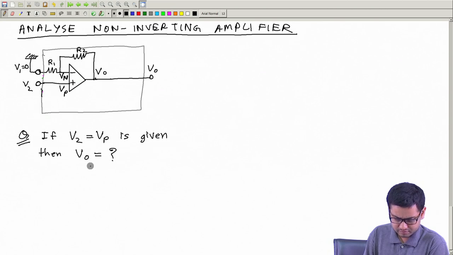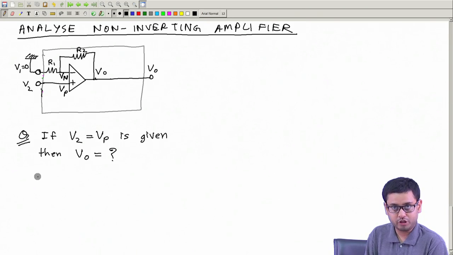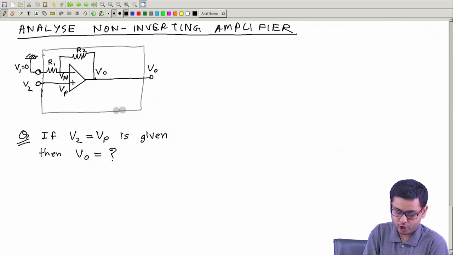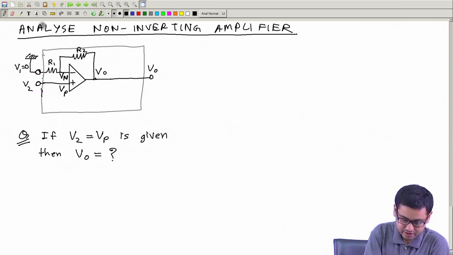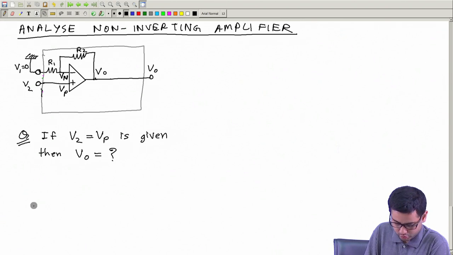Now how to find this answer? So for that we have to use the input output relationship of an op amp, and the input output relationship is given by the static characteristic. So we have solution.